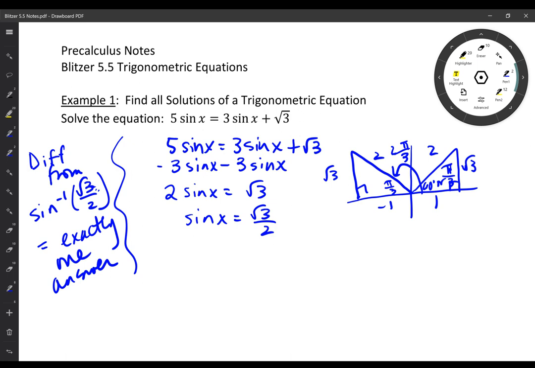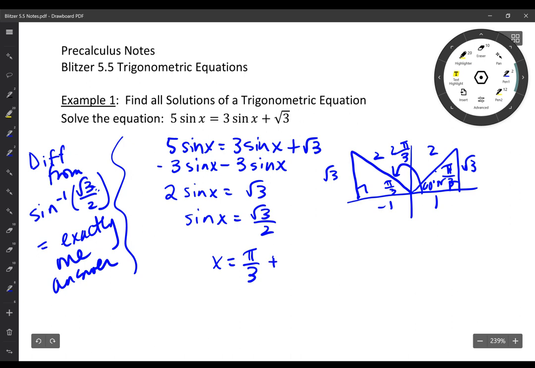But I also need to think about the period. I could go all the way around this circle, and I could stop here again, and I would still have another angle that looks exactly the same when I draw it out and would give me the same sine. And so we need to say that x is equal to pi over 3 plus multiples of my period.